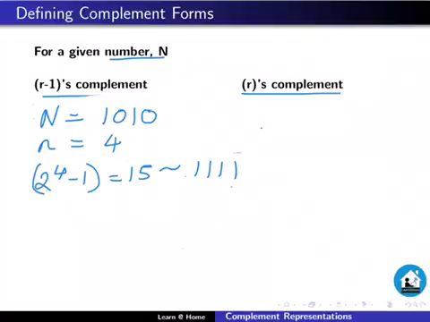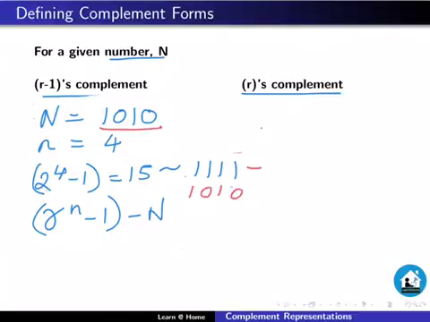And as per the definition of r minus 1's complement that we have seen, r minus 1's complement is defined as r raised to n minus 1 minus N. That means I have to subtract N from this. My N here is 1010, so I have to subtract 1010. When I do that, I will get 0, 1, 0, 1.